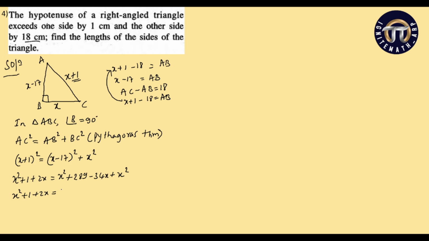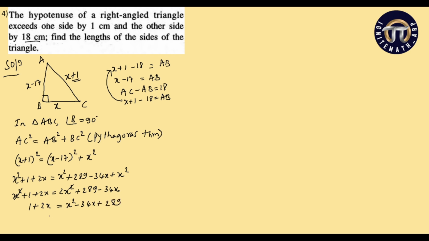Clear, children? 1x square over here, 1x square over here, you can cancel them in the previous step itself, no issues. So in the next step you get 1 plus 2x is equal to x square minus 34x plus 289.